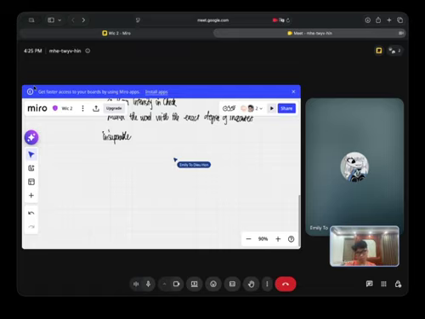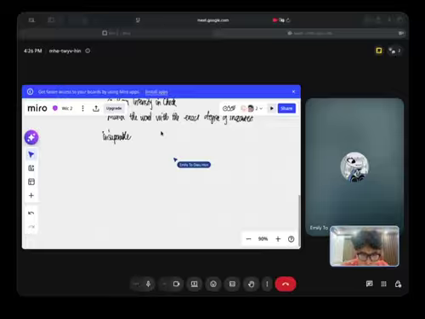Do you know what part is called affixes? Prefixes. So, inalienable, right?